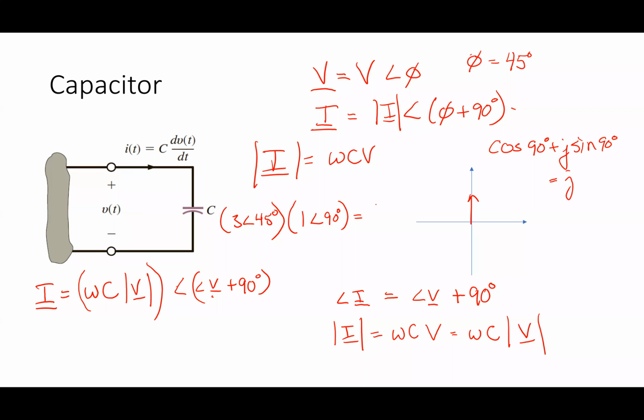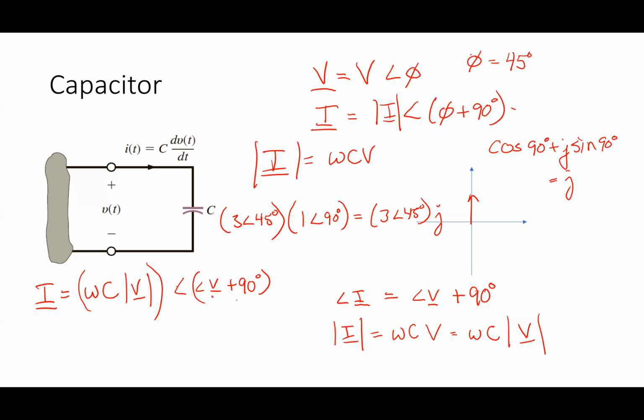So this is the same as 3 angle 45 degrees times j. So anytime I am adding 90 degrees, it is the same as multiplying by j.